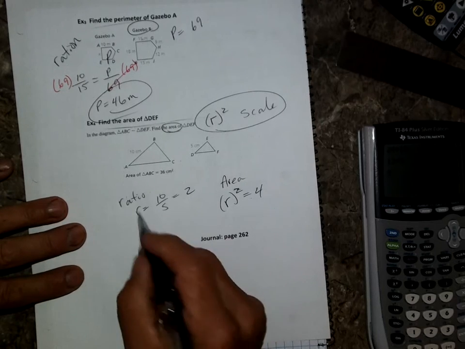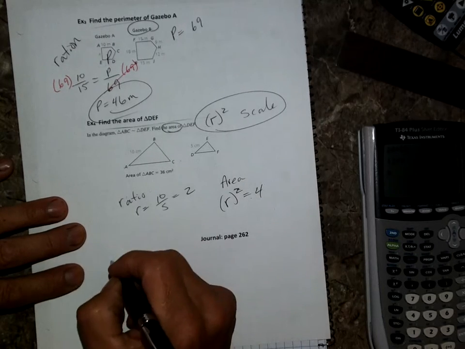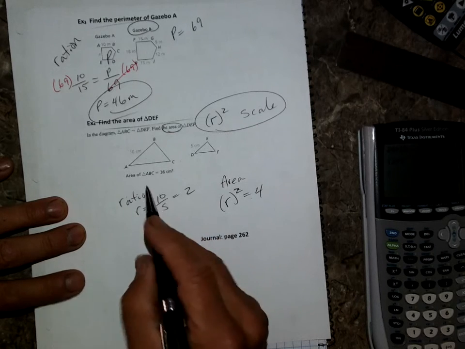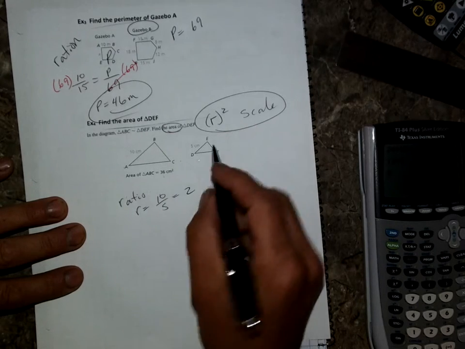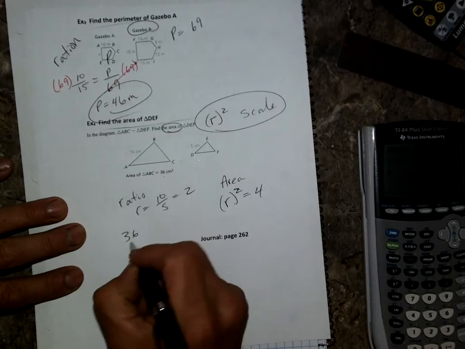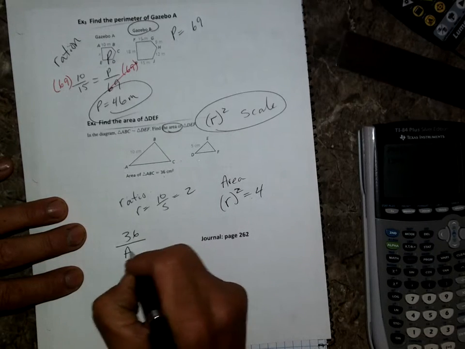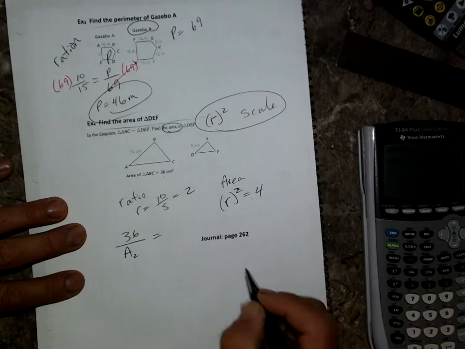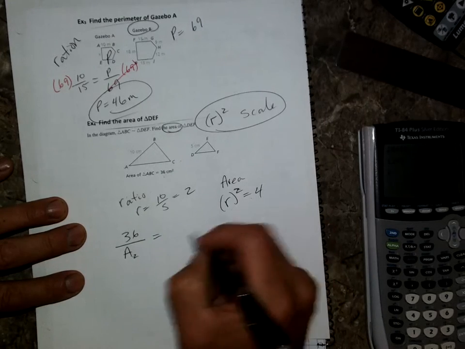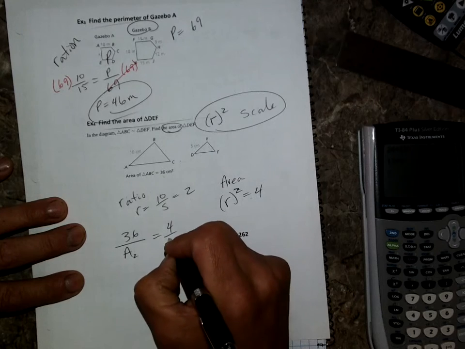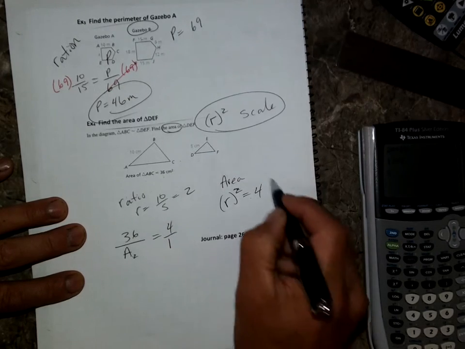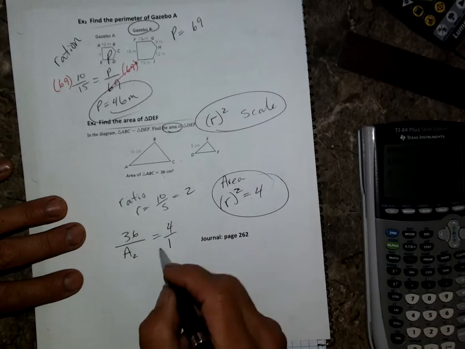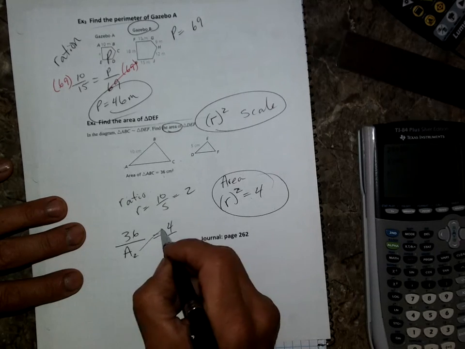So let's set it up. We're going to go our ratio of, okay, our ratio squared. So we're going to go and take, first of all, our area of this one to area of this one. So we're going to go 36 to area equals our ratio. And our ratio is going to be 4 to 1, okay, because it's ratio squared. So really, if I cross multiply, I'm going to go that times that.